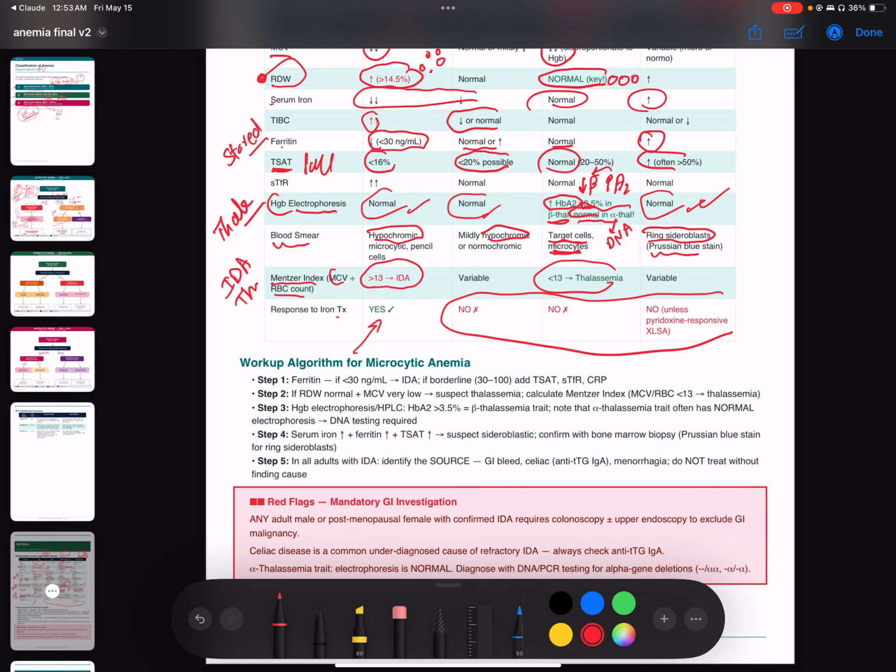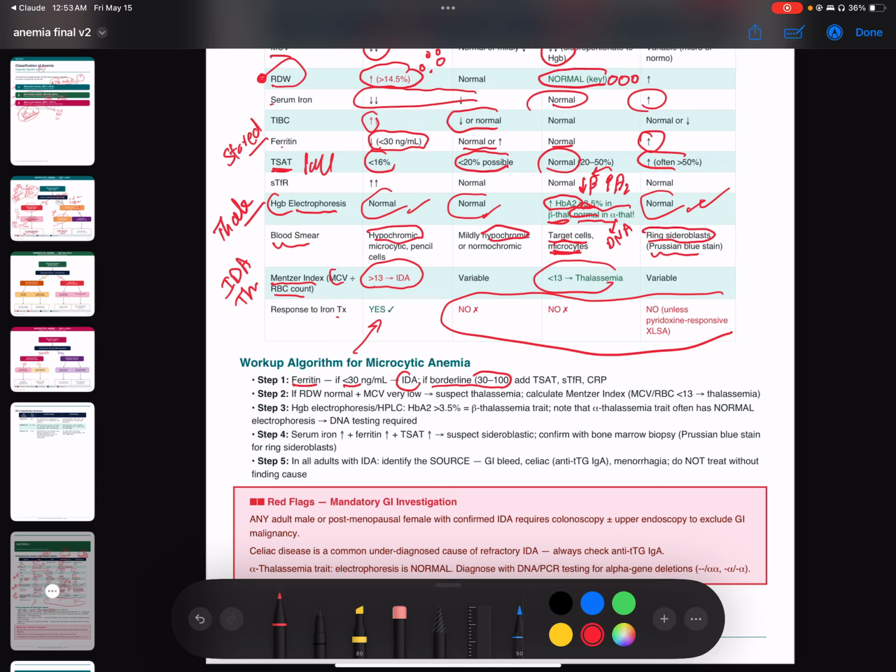So let's talk about this stepwise. You diagnose a patient with microcytic anemia, what to do next? You look at the ferritin, as we said, if it's below 30, that's consistent with iron deficiency anemia. If it's borderline, between 30 to 100, it can still be iron deficiency anemia.